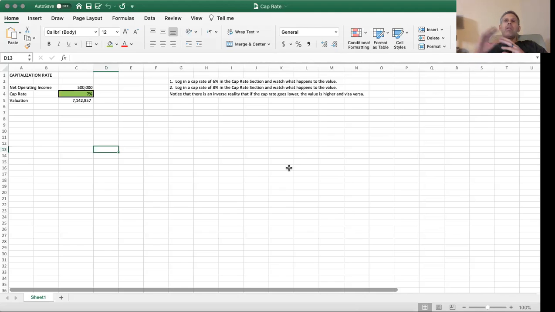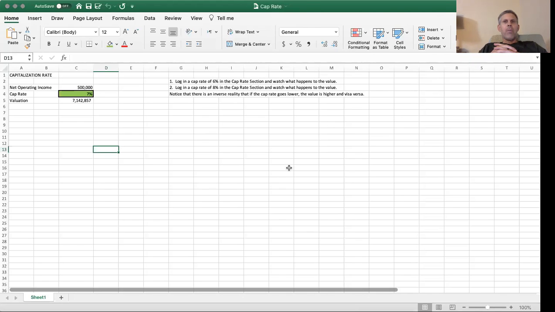Where if I'm in the middle of a small town and it's a local tenant that's a restaurant, cap rate's probably going to be higher, which means the return's going to be higher. So cap rate really gives us the sense of how to value a building.